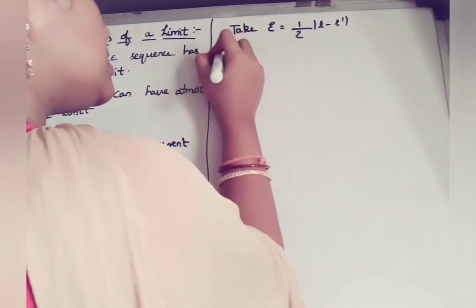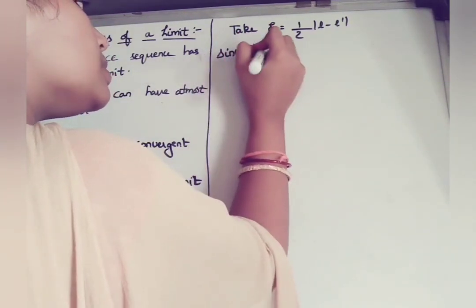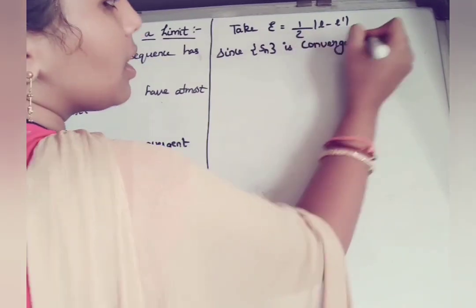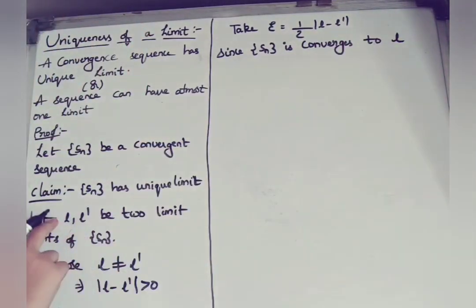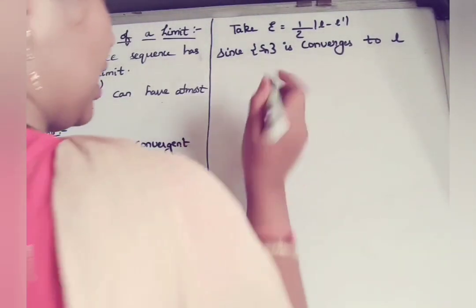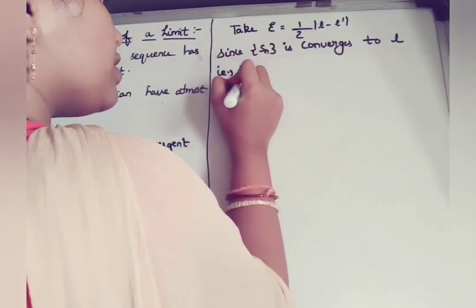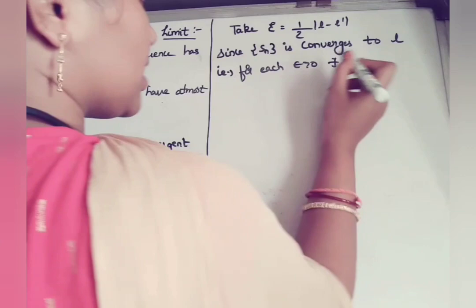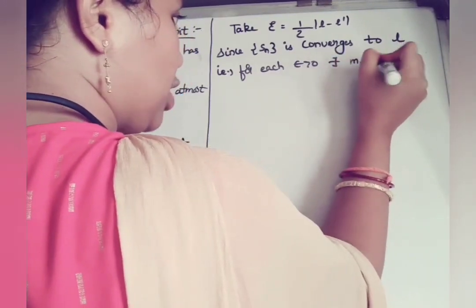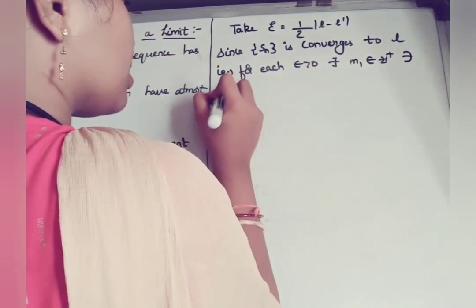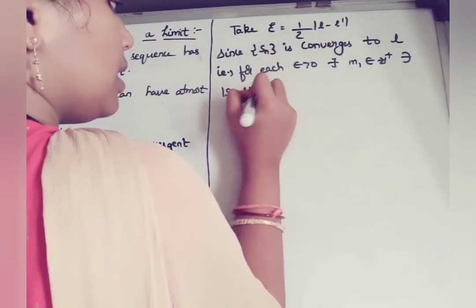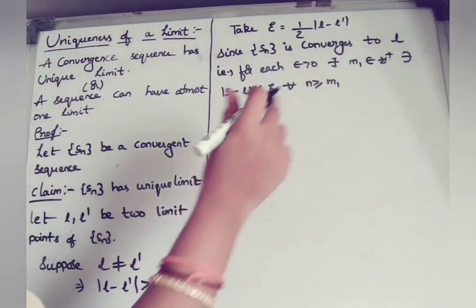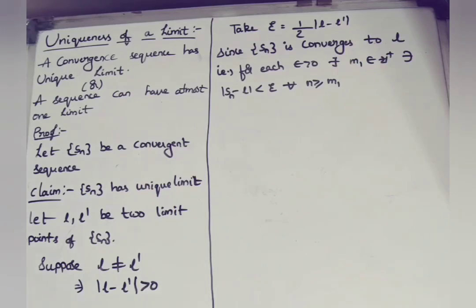So we can write, since the sequence Sn converges to L, by the definition of convergent, for each epsilon greater than 0, there exists m1 belongs to Z plus such that mod Sn minus L less than epsilon for all n greater than or equal to m1. Okay, m1 is a positive integer.